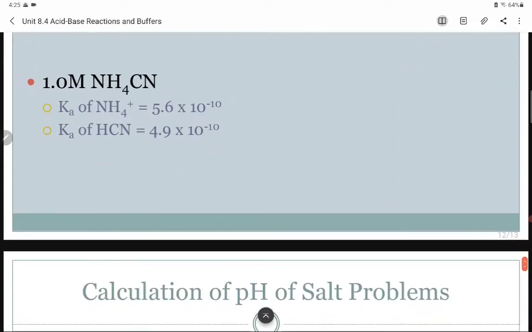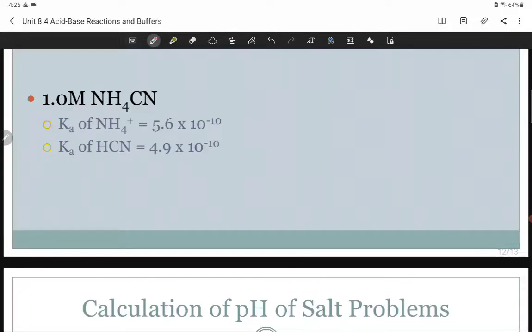Ammonium cyanide. For the cyanide, the CN minus, we need a Kb value. Remember, 1 times 10 to the negative 14th divided by 4.9 times 10 to the negative 10th. That is 2.0 times 10 to the negative 5th.